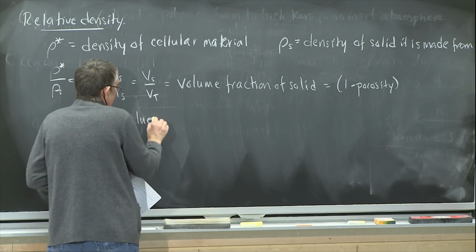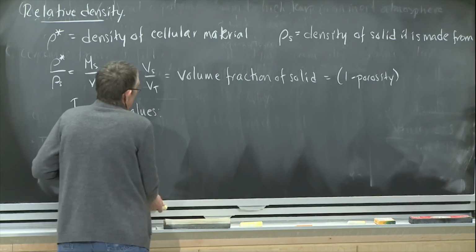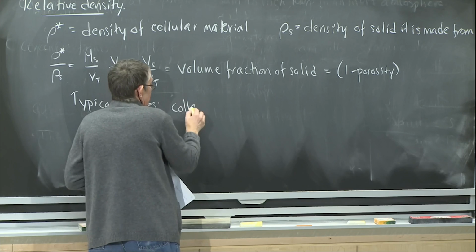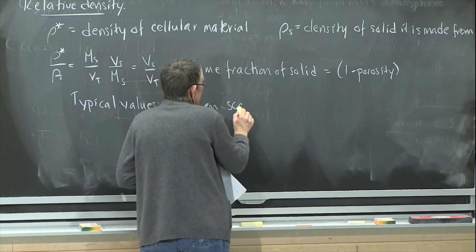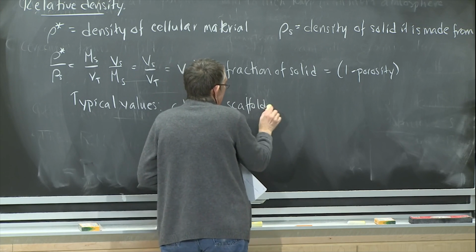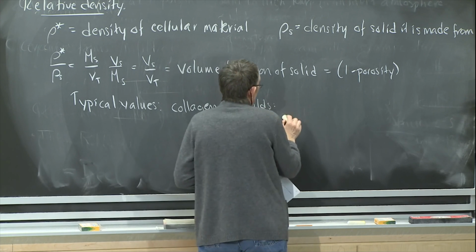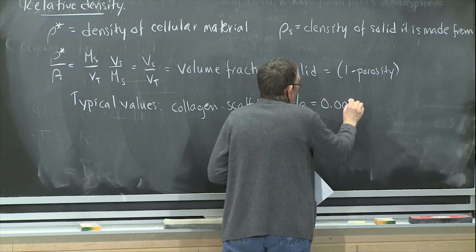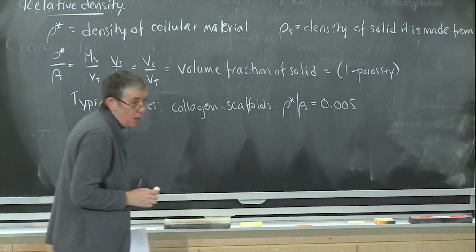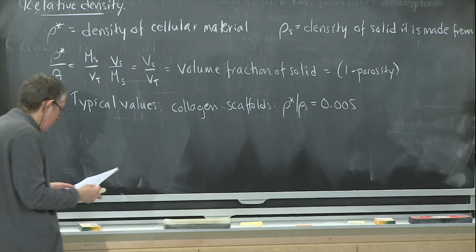So typical values for cellular materials: I think last time I passed around one of those collagen scaffolds, those tissue engineering scaffolds. It was in a little plastic bag. That collagen scaffold has a relative density of 0.005. So it's 0.5% solid and 99.5% air.